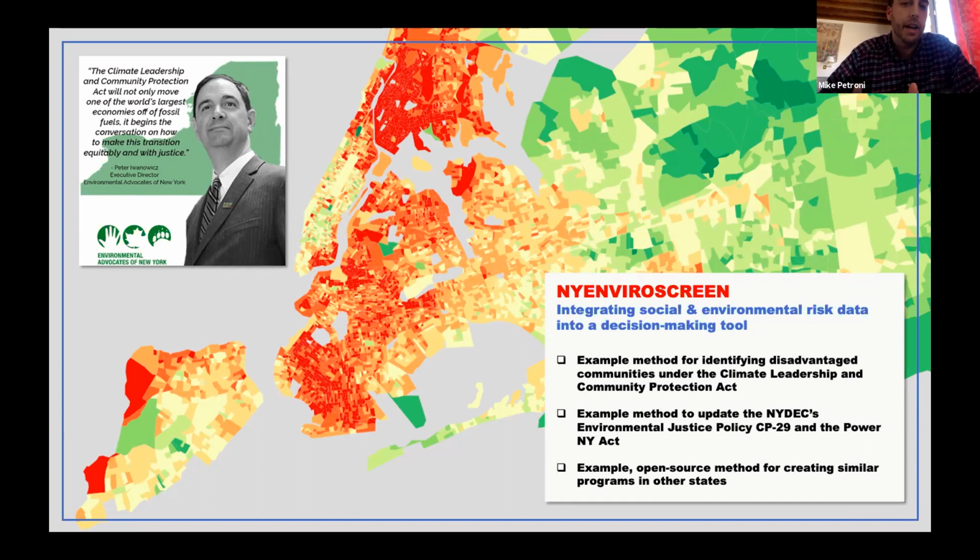It's also going to help update permitting restrictions that have been previously put in place as part of New York's Environmental Justice Act at the Department of Environmental Conservation and through the State Siting Board for energy projects as part of the Power New York Act. Hopefully this also can be an example which other states can use to bring more sophistication into these tools.